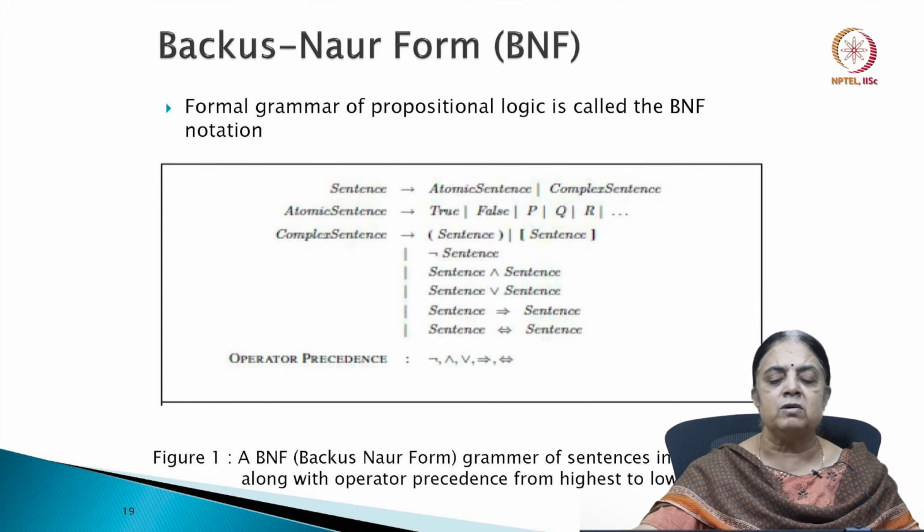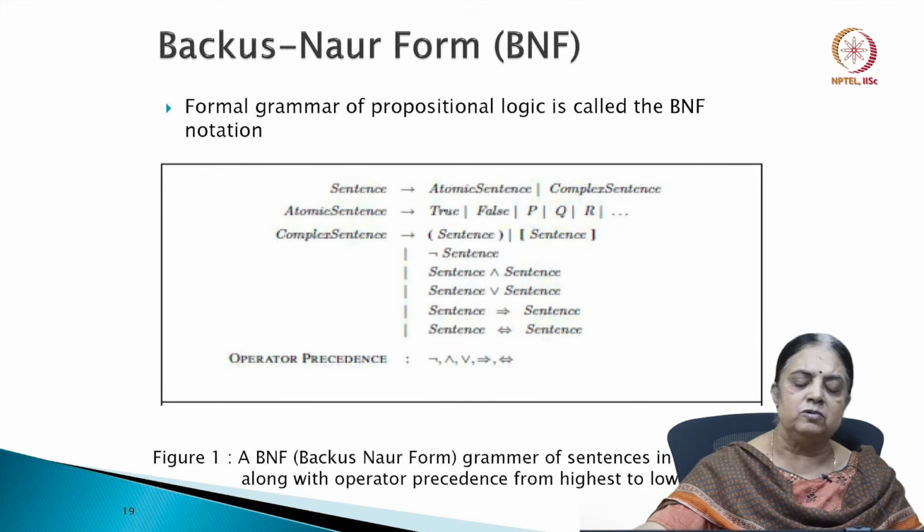And if you take a complex sentence, it consists of a sentence with parentheses, or by using any of the connectives. So if you use any of the connectives, then you get a complex sentence. A sentence followed by a connective followed by another sentence. Or you can have combinations of these also, right?